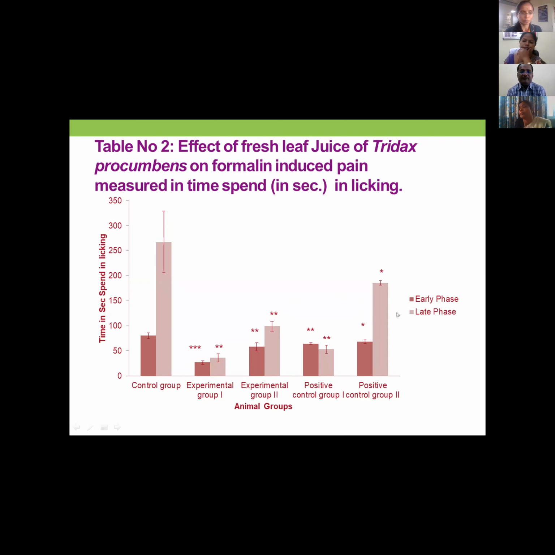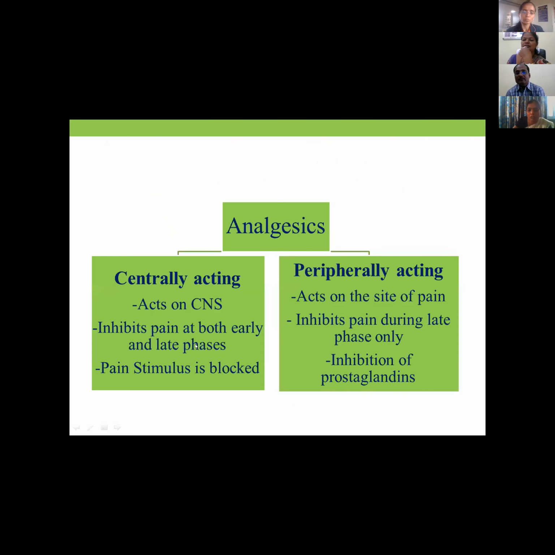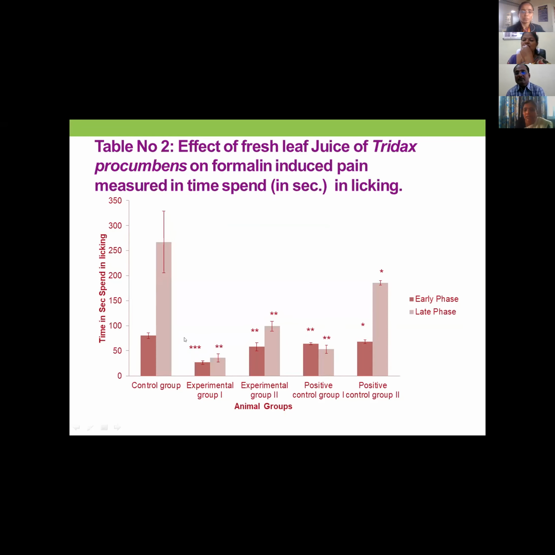Madam, what is the difference between the stars 1, 2, 3? Because we cannot see what the difference is. These stars indicate the significance. No, but you have not written it.